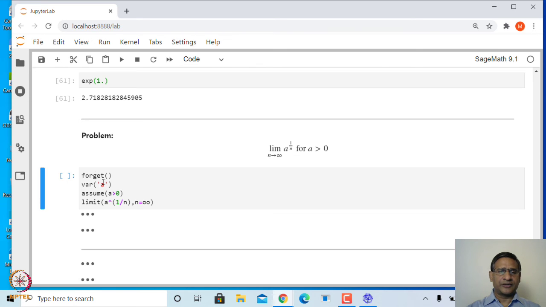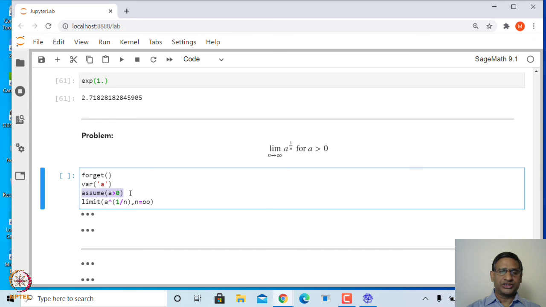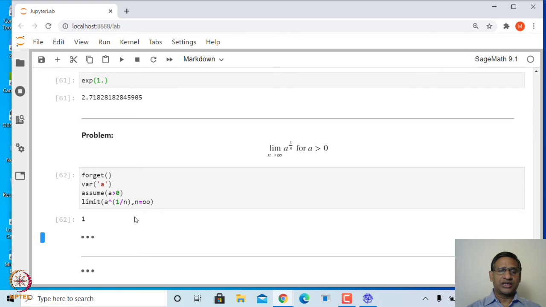But here you can define a as a variable and assume a to be positive. Here forget means, in case we have already defined a equal to something, which we did, we want to forget that variable. Then you can find the limit of a to the power 1 by n as n goes to infinity, and that answer is 1. So, a to the power 1 by n goes to 1 for any positive a.